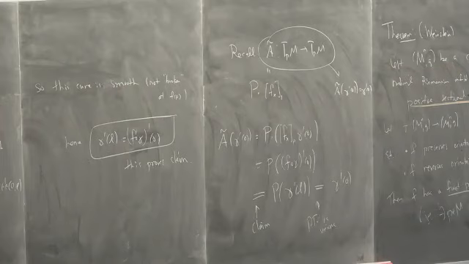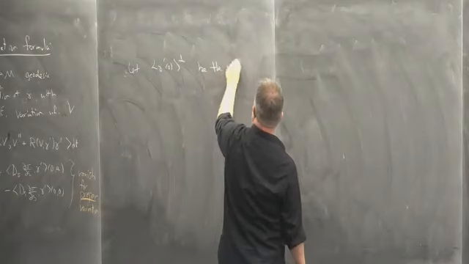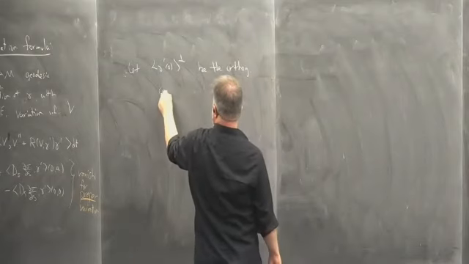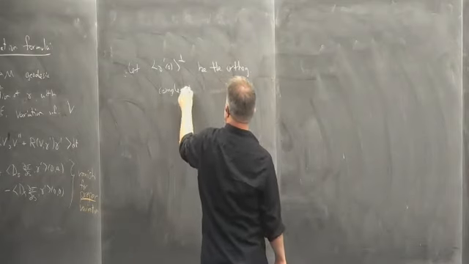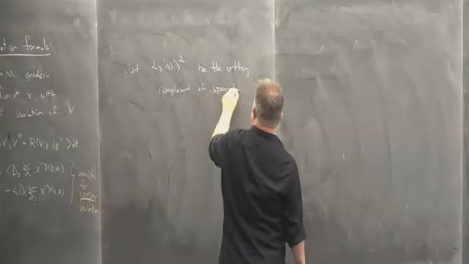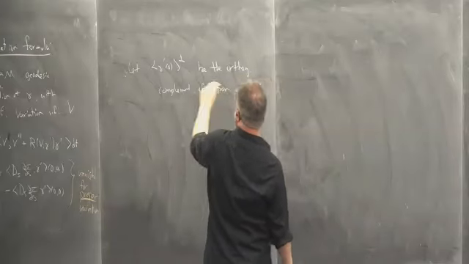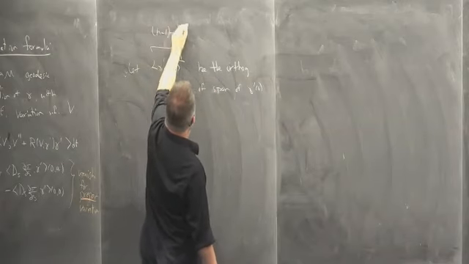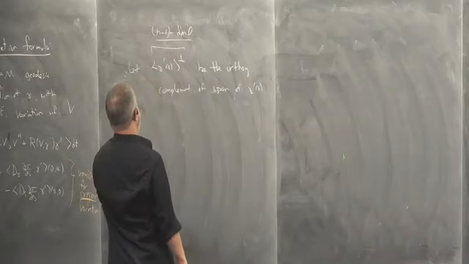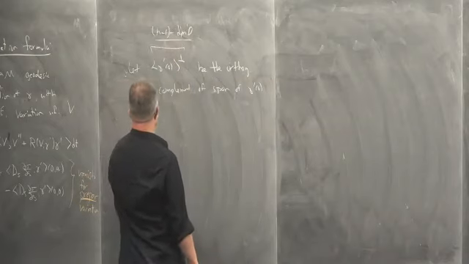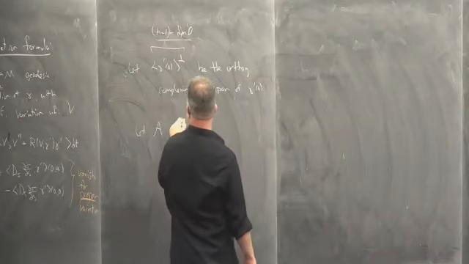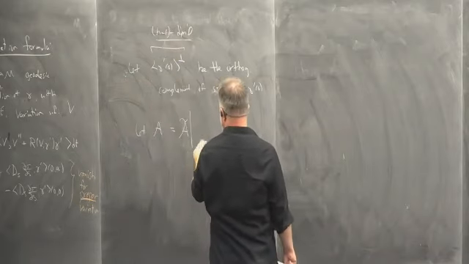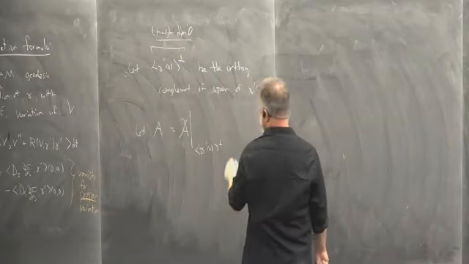So let's let gamma prime of 0 perp be the orthogonal complement of the span of gamma prime of 0. So this space is n-1 dimensional. Okay, and let A be the restriction of A tilde to this orthogonal complement.